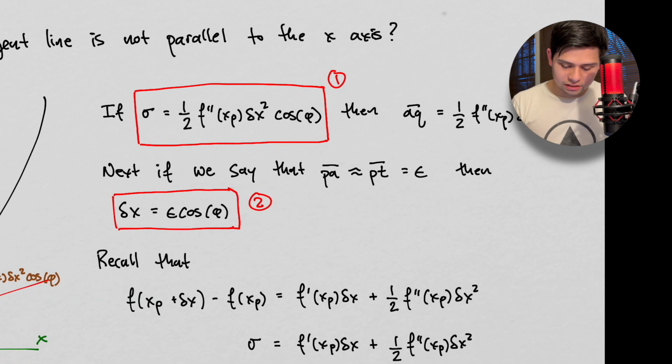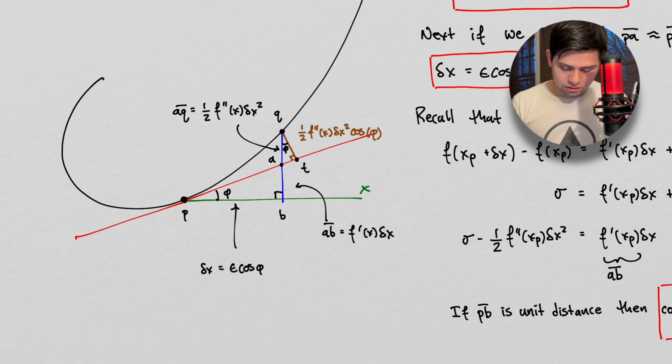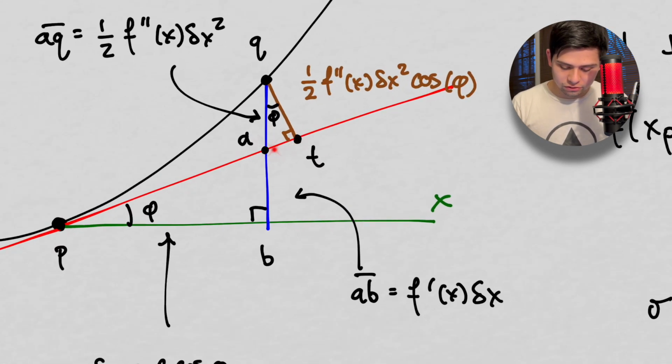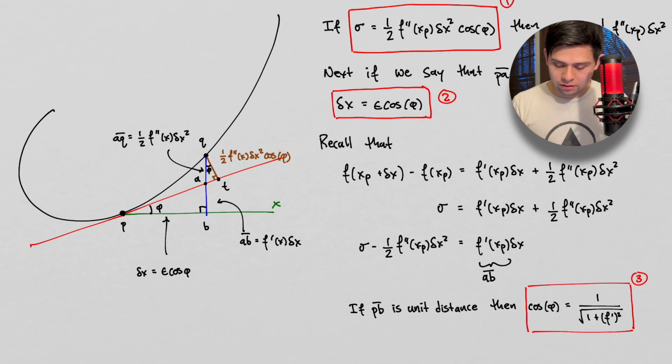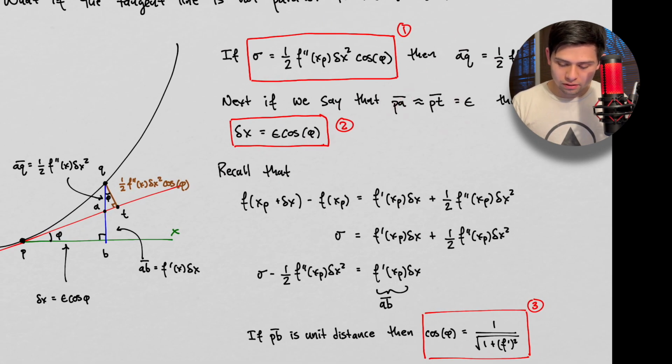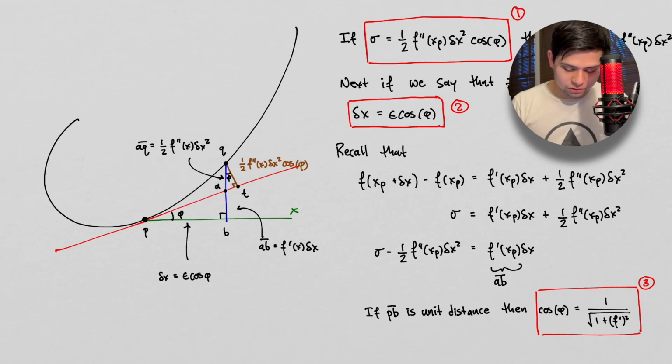All right, so next if we say that PA is approximately equal to PT, we're saying that this distance here is very small. That's what we're doing right here, okay? And we're going to say that that's equal to epsilon.